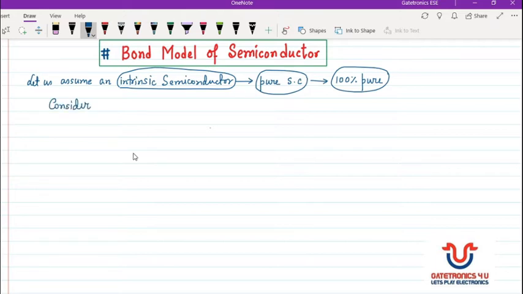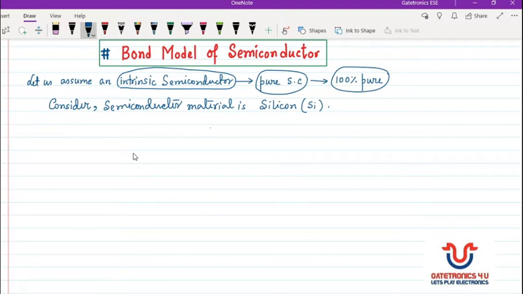Consider our semiconductor material, that is, we will explain the bond model of the semiconductor taking that the semiconductor material is a silicon material.